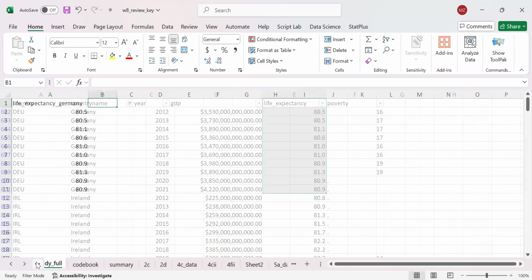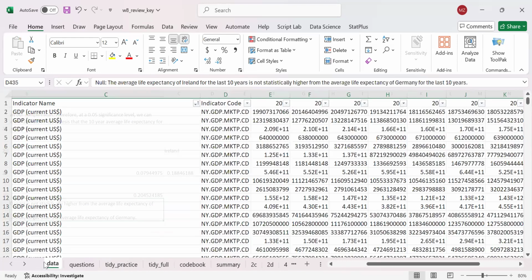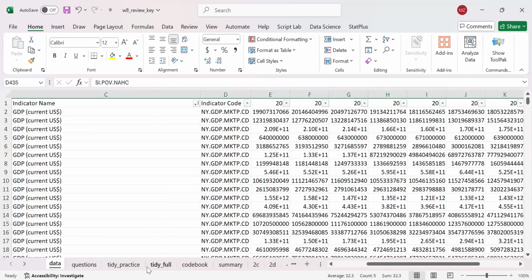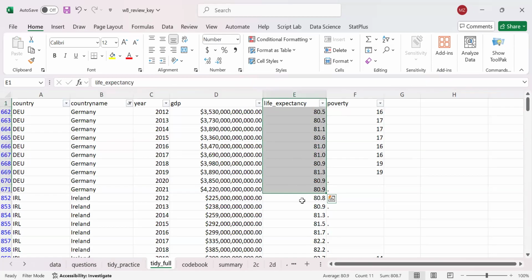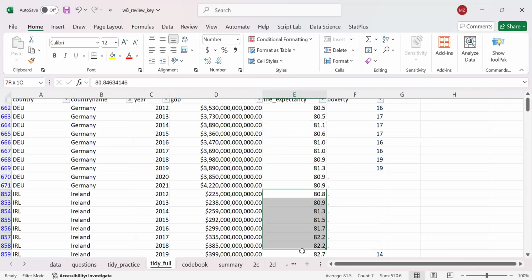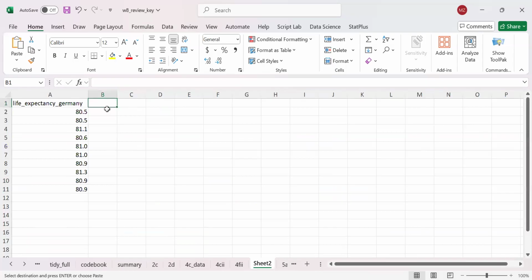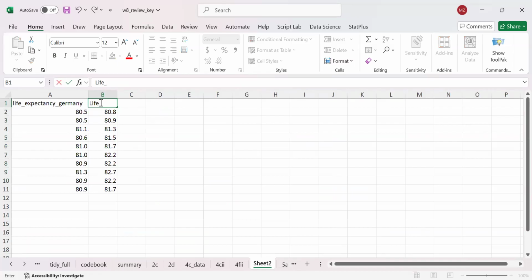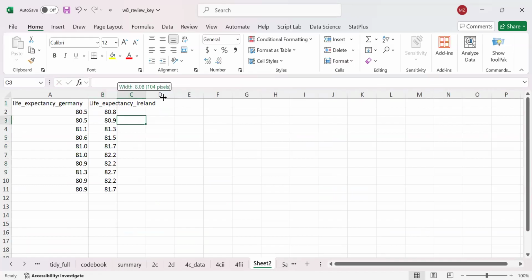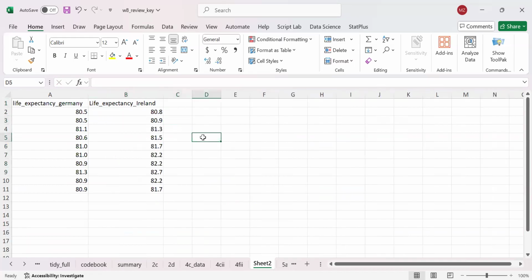And then pick the data of Ireland here, and call it life expectancy Ireland. So now you have two columns of data, and now you can again do the t-test.